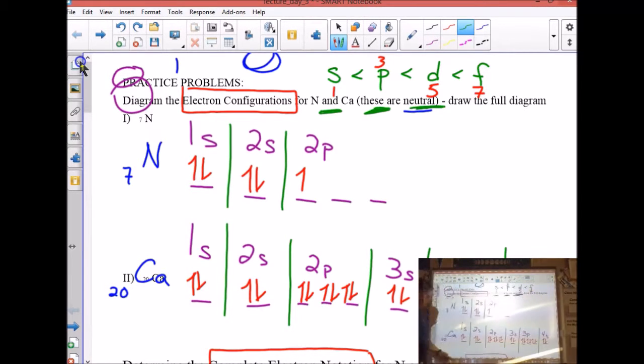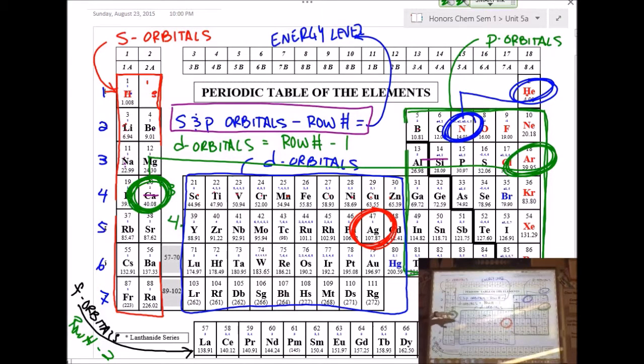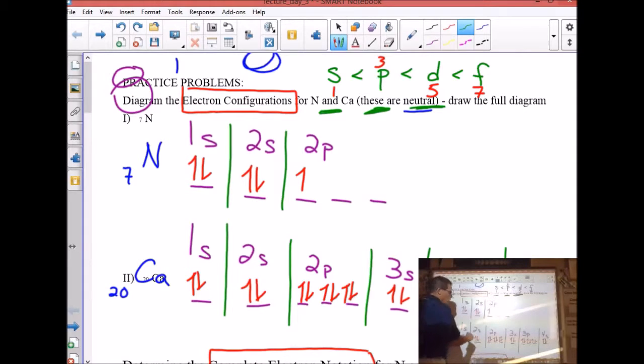If you said, okay, well I've got 4s, 4d, now 4p, you put the d's in front of the p's. So the way that we can get the d's to be in the third energy level is by putting it after 4s.